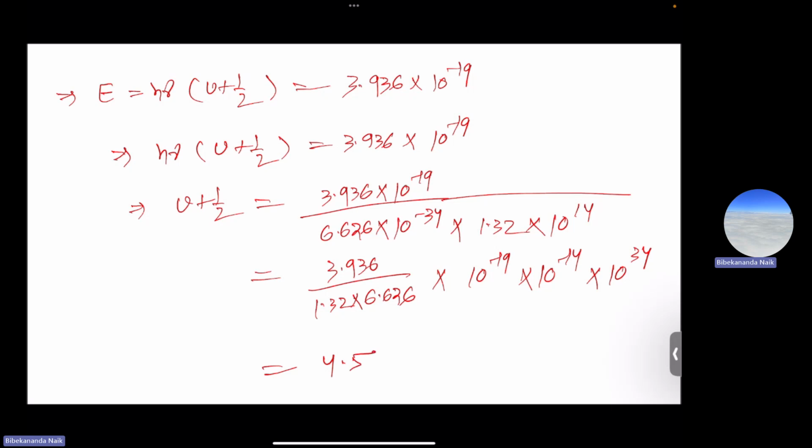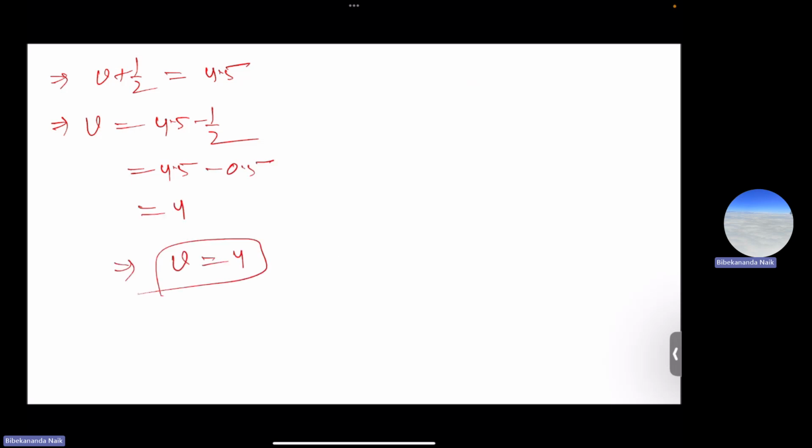So v plus half is 4.5. It implies v is 4.5 minus half, 4.5 minus 0.5, which is 4. So the value of vibrational quantum number is 4.